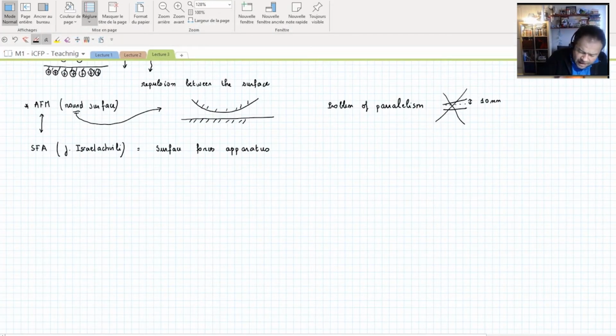I think that you all know AFM. In AFM, what you do is that basically you have a cantilever here.